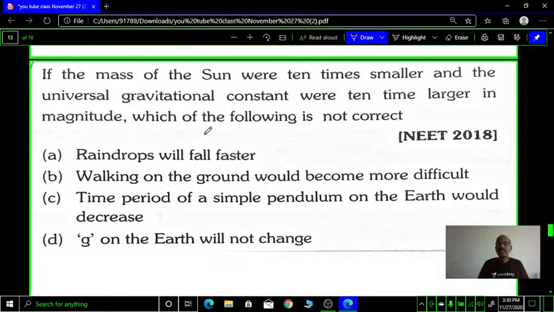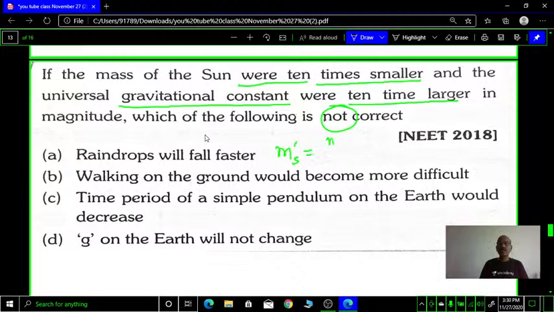If the mass of the sun were 10 times smaller and the universal gravitational constant G were 10 times larger, which of the following is not correct? The mass of the sun M_s dash equals 1 by 10 of the original mass of the sun.